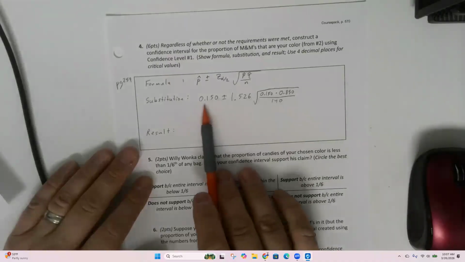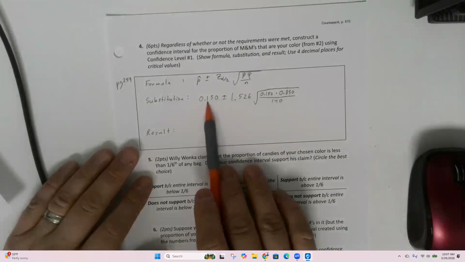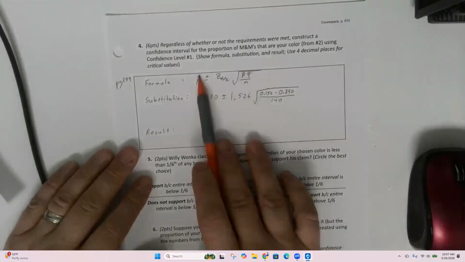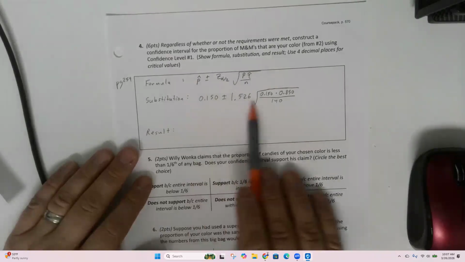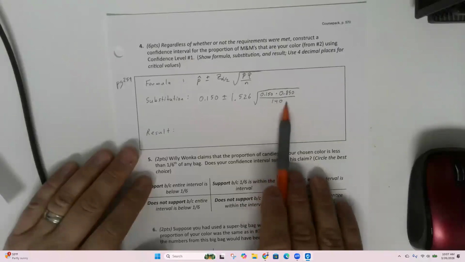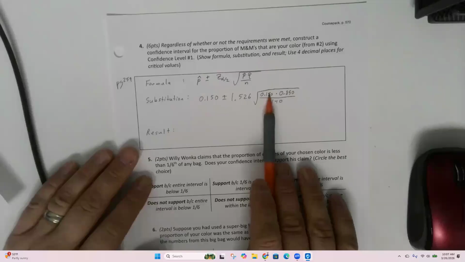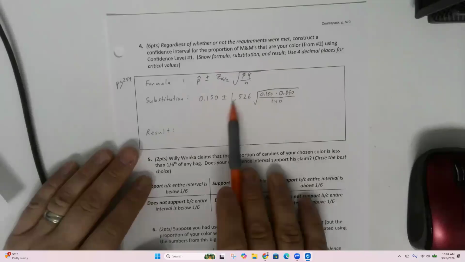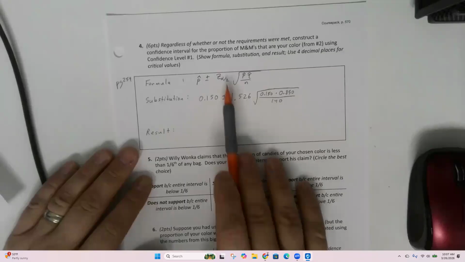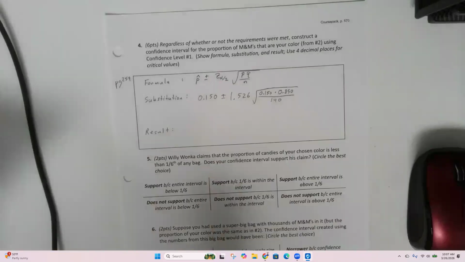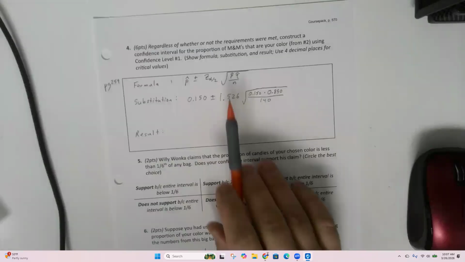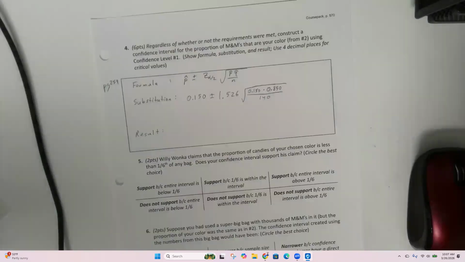Everyone is going to have the same formula, but you're going to have different numbers depending on how many M&Ms you had, and how many blue or green or red or whatever the lowest one was. And then you're going to have a different confidence level, so you'll get a different z value.